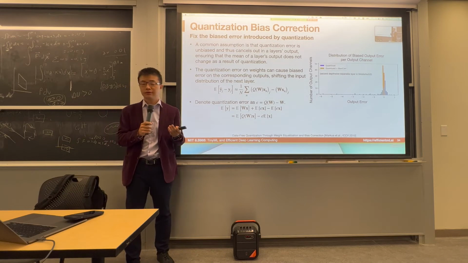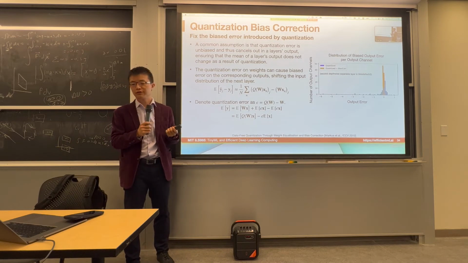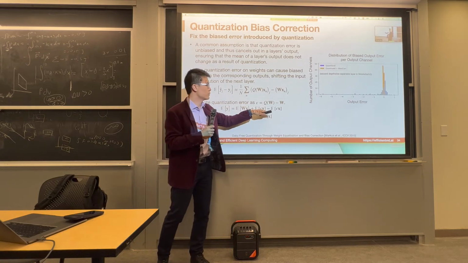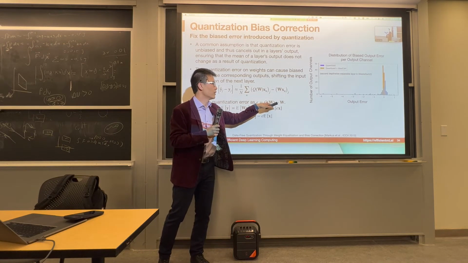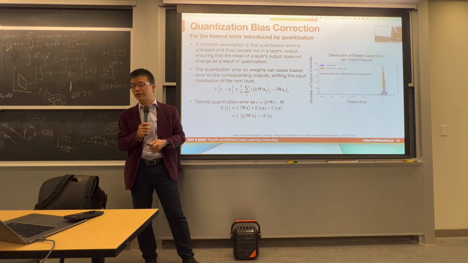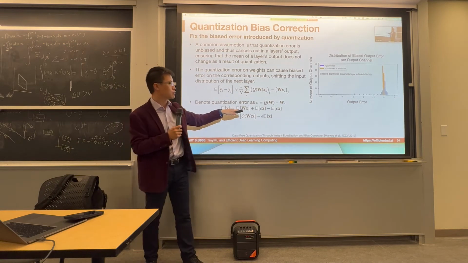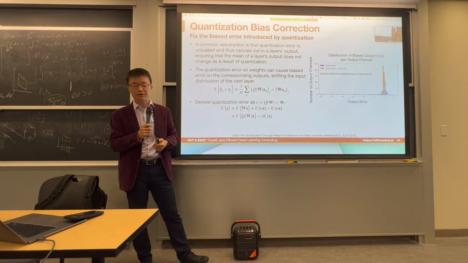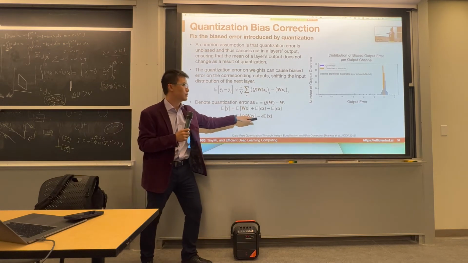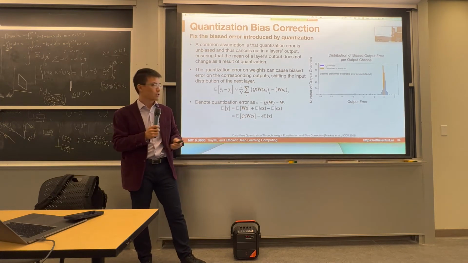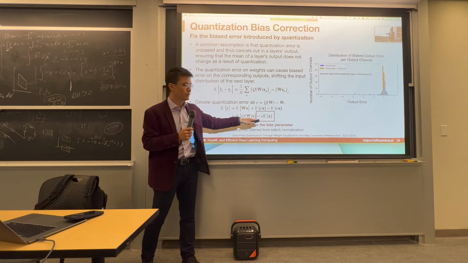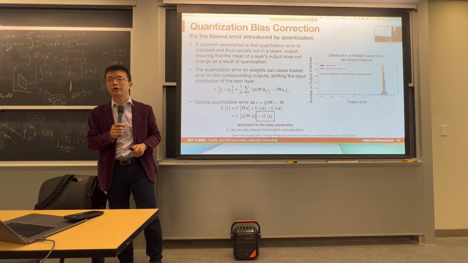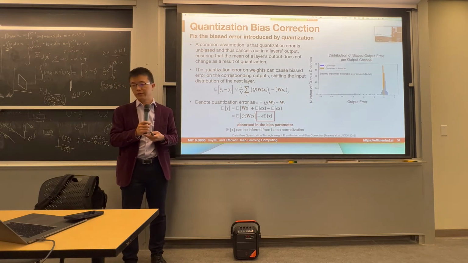It's actually pretty simple. We just run a few batches of images and calculate the difference. We introduce this term, which is defined as quantized W minus the original W. We absorb this value into the original Wx, which is the quantized W times x, and we just absorb this bias parameter into the bias of your neural network.